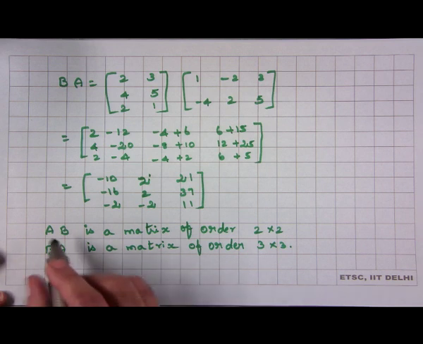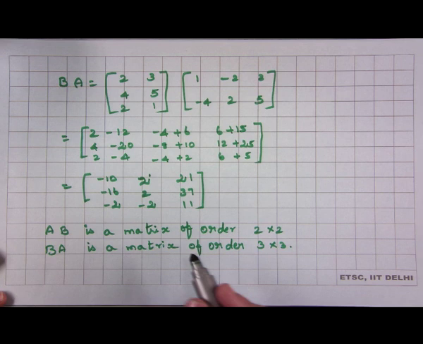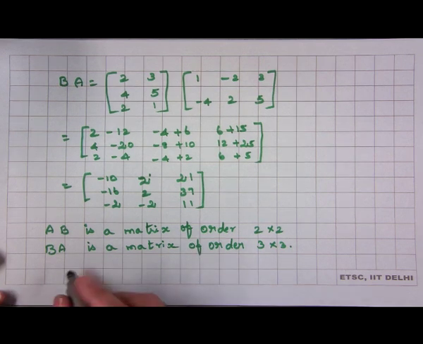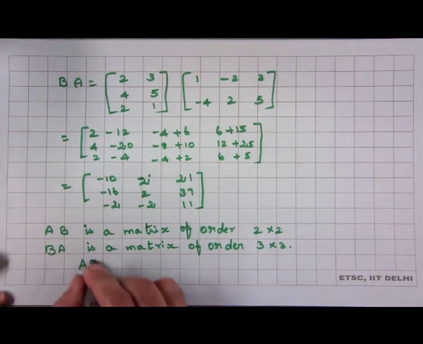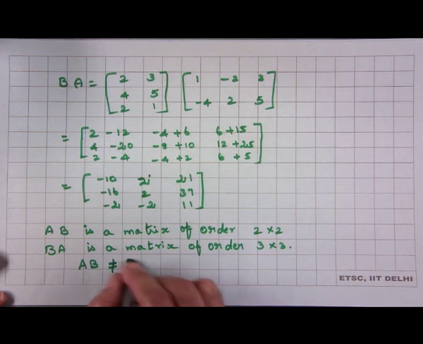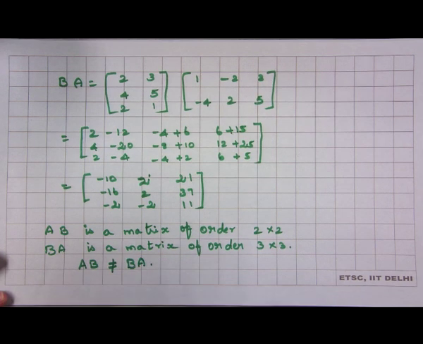So, once you have that these two are matrices of different order, these two cannot be compared, therefore, AB is not equal to BA. A natural question is, how about square matrices of the same order?